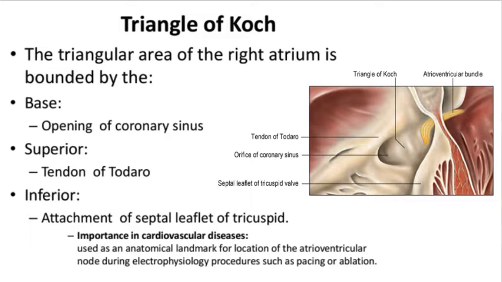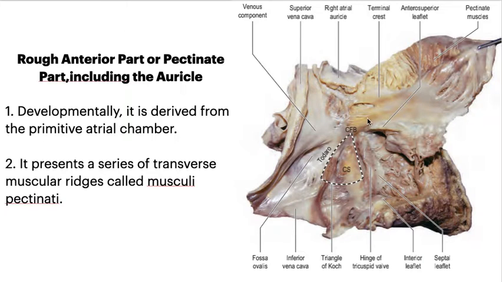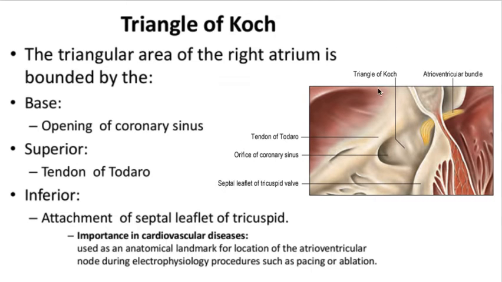Triangle of Koch. This is the same triangle over here. This is the triangular area of the right atrium and bounded by, base, opening of the coronary sinus. Superiorly, we have the tendon of Todaro.